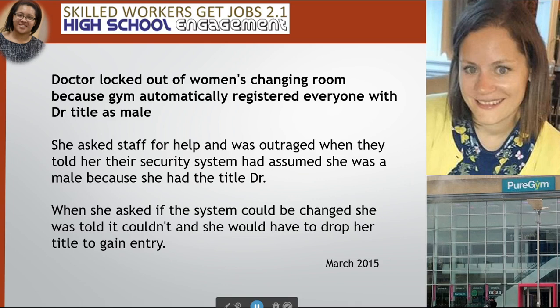When she asked for assistance from the staff, they told her that she would need to remove her title from her name in order to get access to the female locker room. Think about that. If you're a doctor, you must be a male. Ultimately, they did get it fixed, and she was able to use both the female locker room and keep her title.